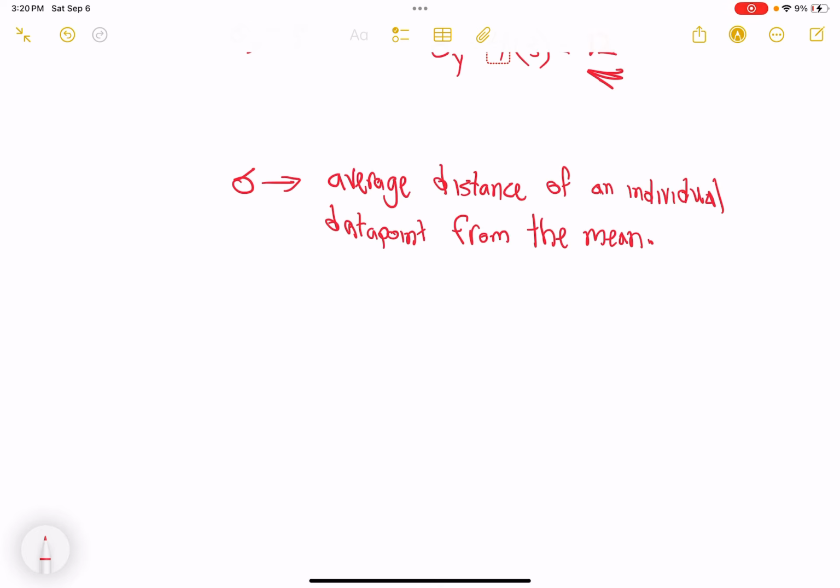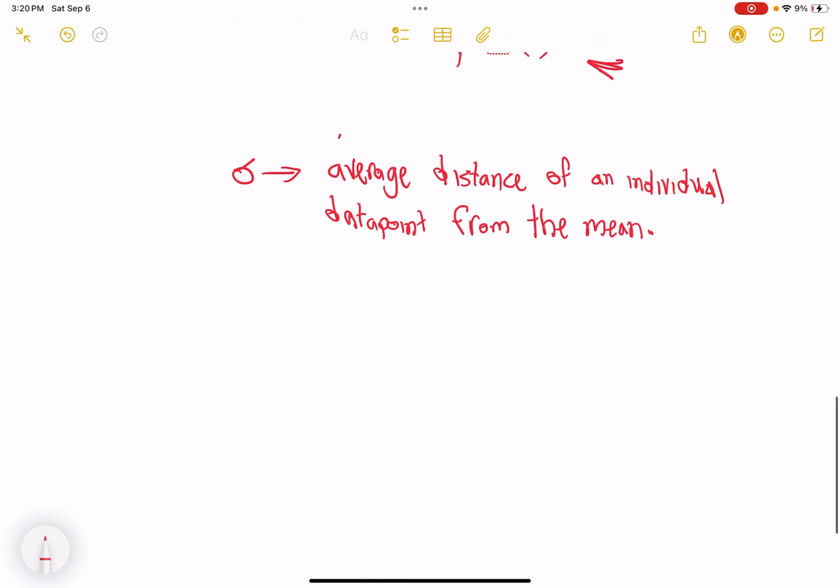Now, I pull a data point, it's not actually going to be 1 standard deviation from the mean. But basically, you took the distances that every single data point were from your mean, and you averaged those. So the standard deviation is the mean distance of a data point from the mean. And that's good to know, just because that phrasing is kind of ugly, but we should understand that as an idea. The standard deviation approximates, on average, how far away a given data point is from the average.